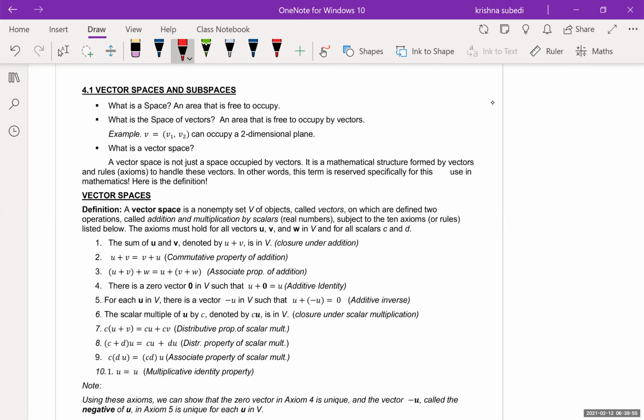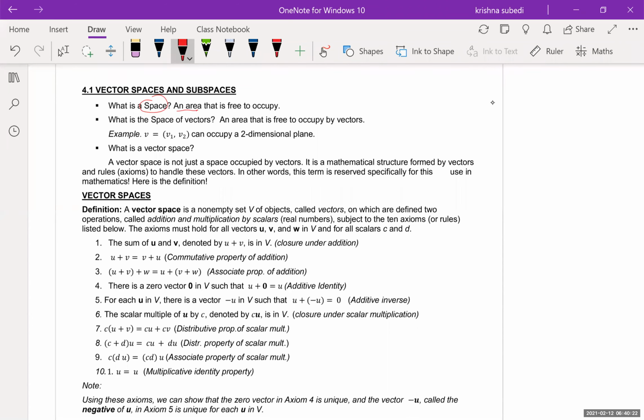Okay, so section 4.1, vector space and subspace. Now, before we talk about vector space and subspace, think about what the meaning of space is in common day-to-day language. In common language, space means an area that is free to occupy.